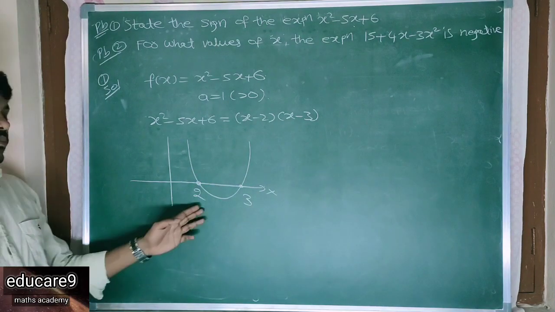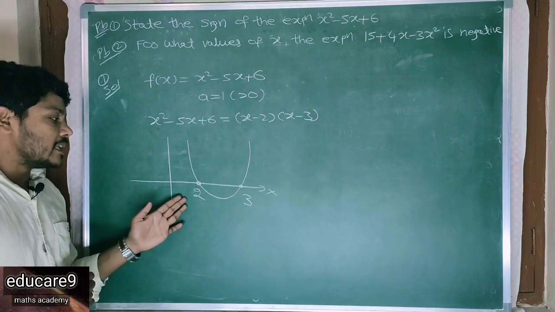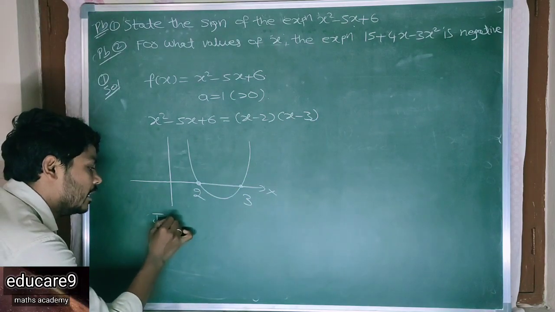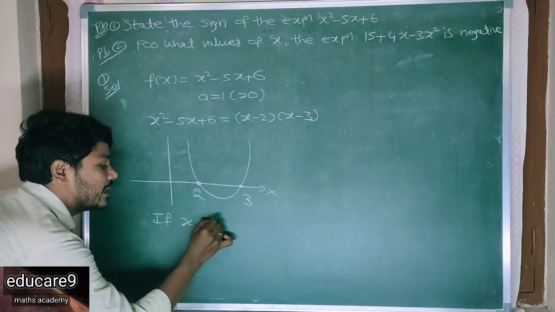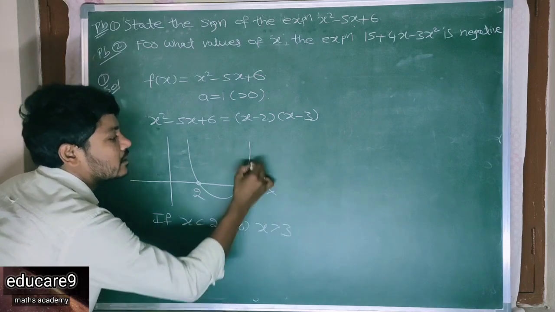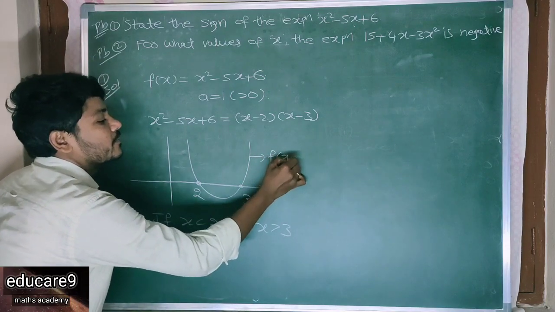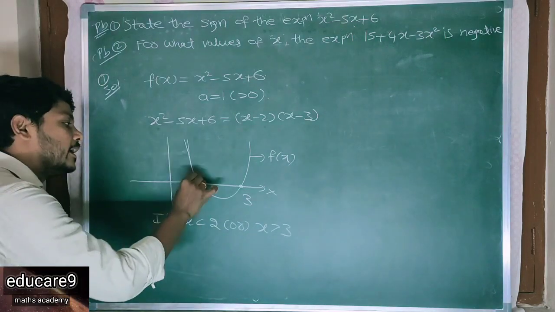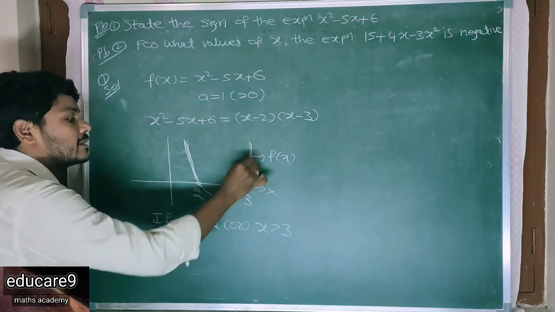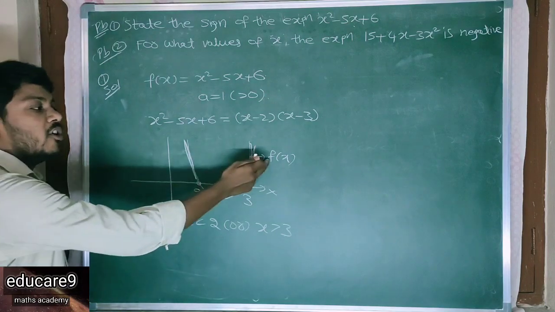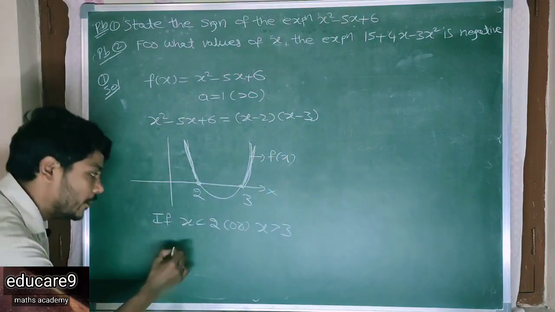So clearly from this graph, if x less than 2 or x greater than 3, this is f of x, the graph is above the x axis, so f of x is positive.